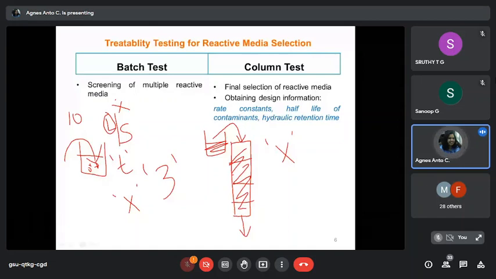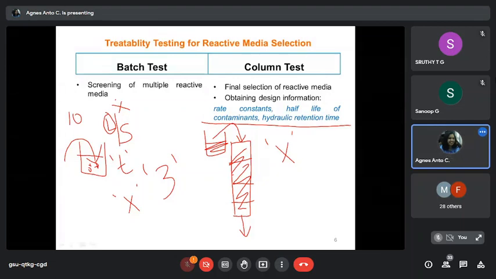That is listed out here, which is the rate constants. Rate constant means it is the time taken for a decrease in the concentration of a contaminant. So if I say my rate constant is 3 second raised to -1, it indicates the time required for my concentration to reduce to a particular limit.